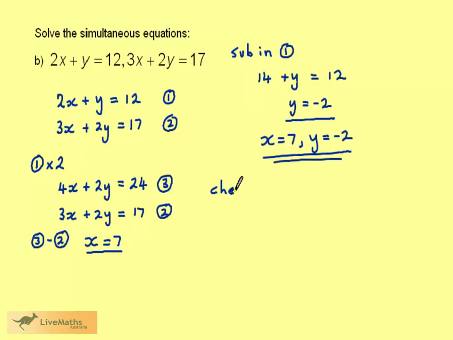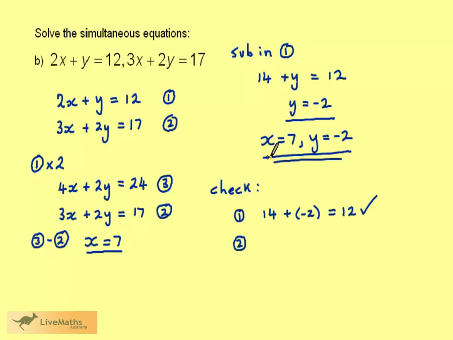As usual, we should check. Looking at equation 1, with x is 7 and y is minus 2, we have 14 plus minus 2, which is 14 take away 2, which is 12, and this checks out.